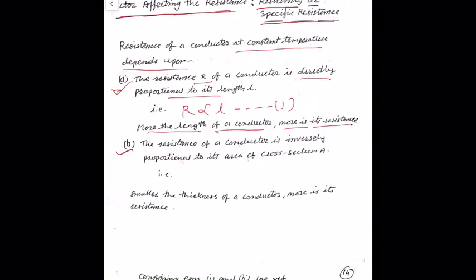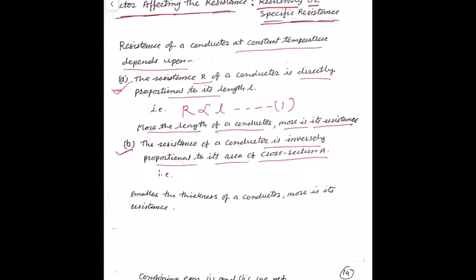B. The resistance of a conductor is inversely proportional to its area of cross section A. That is, R is proportional to 1 upon A. It is equation second. Smaller the thickness of a conductor, more is its resistance.